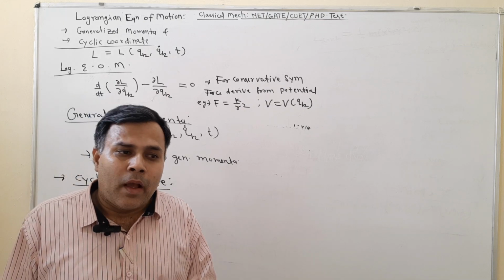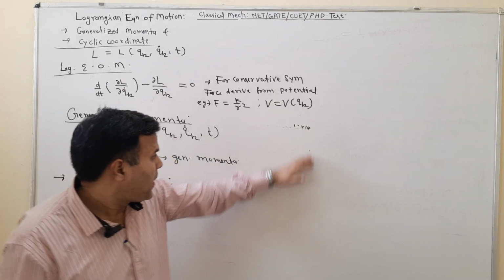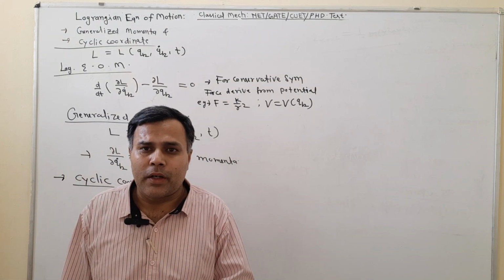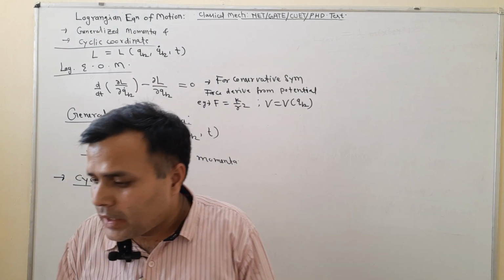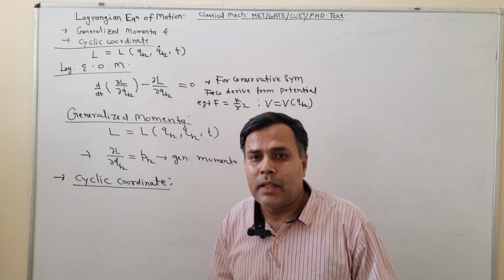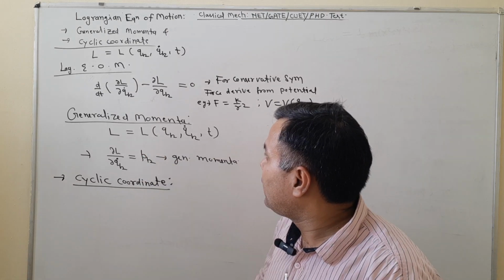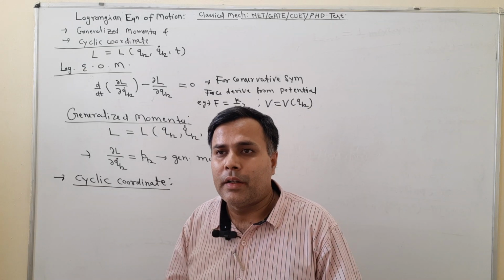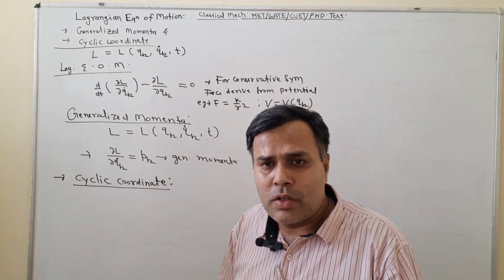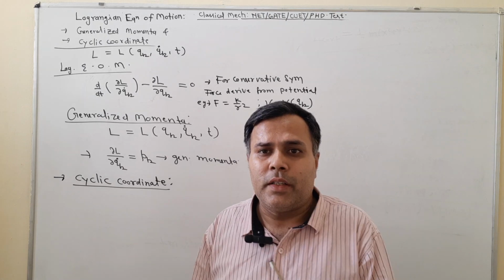It means if our system depends upon the x, y, z coordinate system or the r, theta, phi coordinate system, these are independent coordinates. In classical mechanics, generalized coordinates are independent coordinates. So we can predict in which coordinate system our system has a constant of motion.